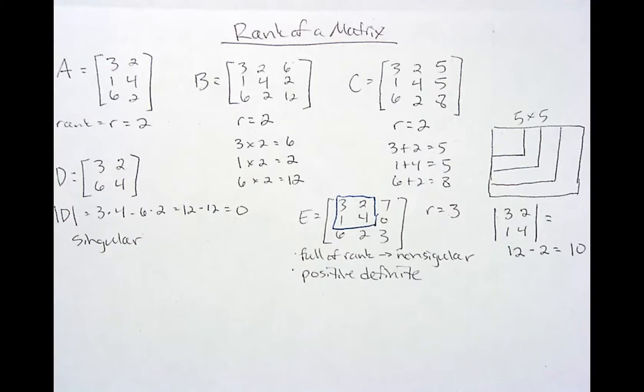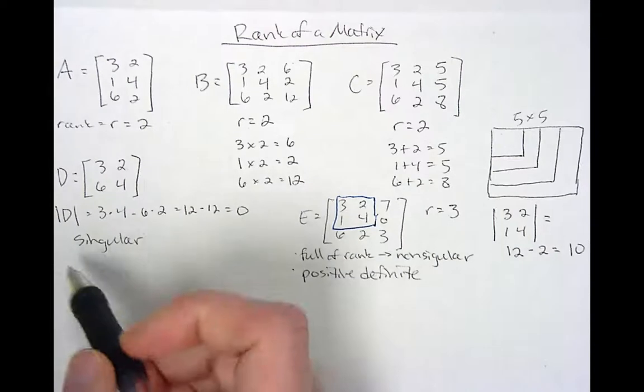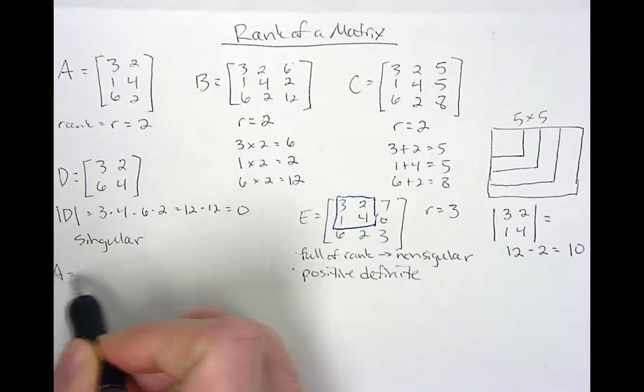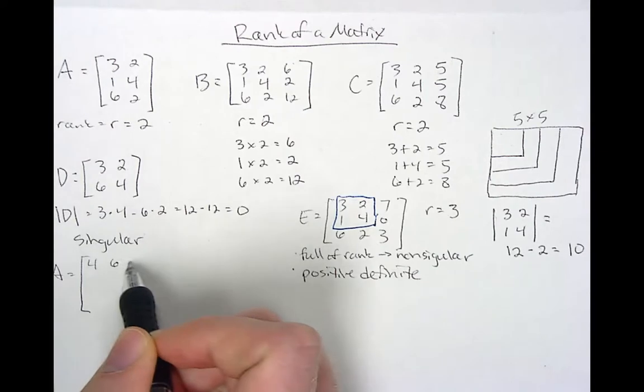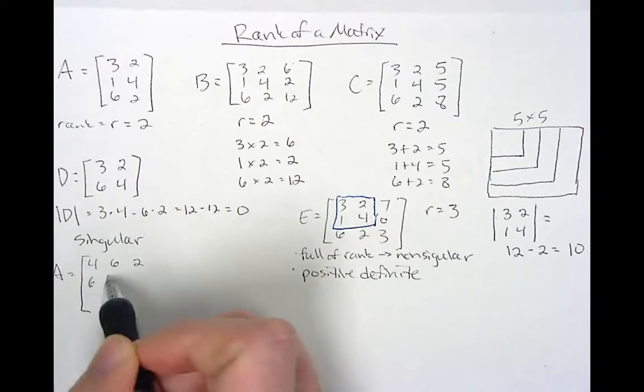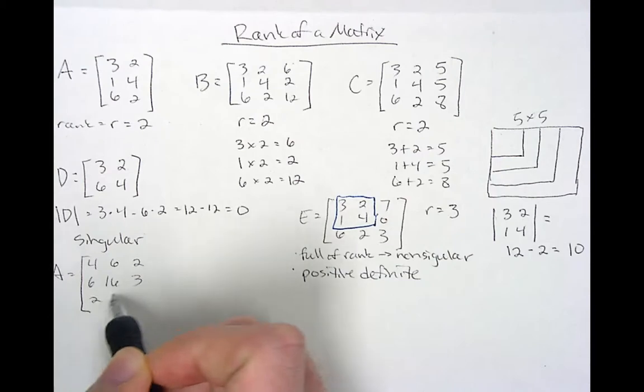So for example, in the section where we talked about calculating the triangular square root of a matrix using the Cholesky method, that matrix was designated as a positive definite matrix. And just for recall, we used a matrix A that had the values going across from left to right: 4, 6, 2, 6, 16, 3, 2, 3, 9.